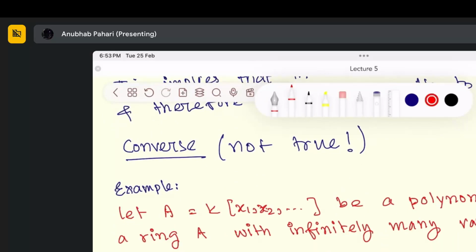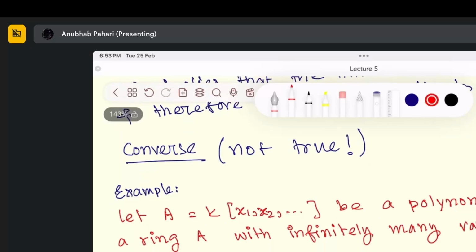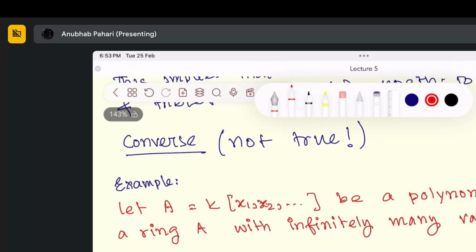Then A bar, A modulo I, is not Noetherian, right?